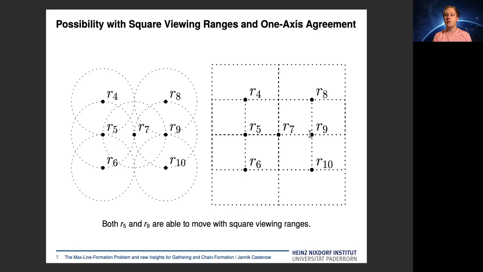For example, R9 can move to the left towards R7 without losing connectivity to R8 and R10, because still the entire line segment between R9 and R7 is contained in the square viewing range of R8 and in the square viewing range of R10. So now we gain the ability to move here.